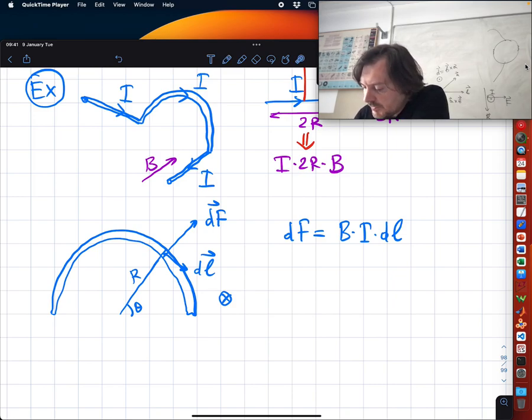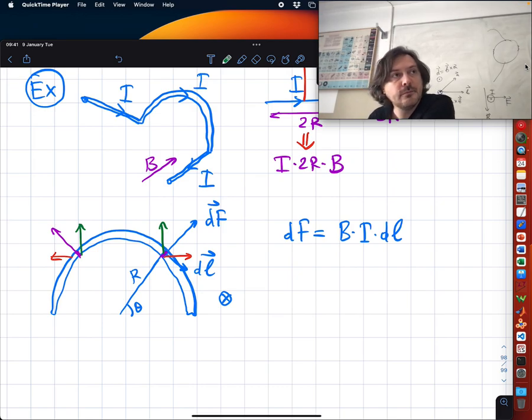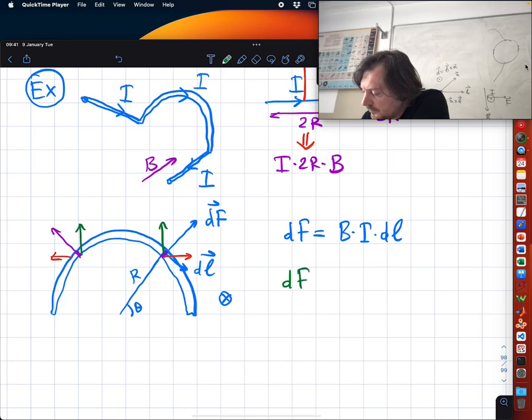As you mentioned, because of the symmetry, for each element over here, there is an element over here that would have a force in this direction. So this will cancel that. So we are only interested in Fy. Do you agree? What is dFy? dF sine theta.